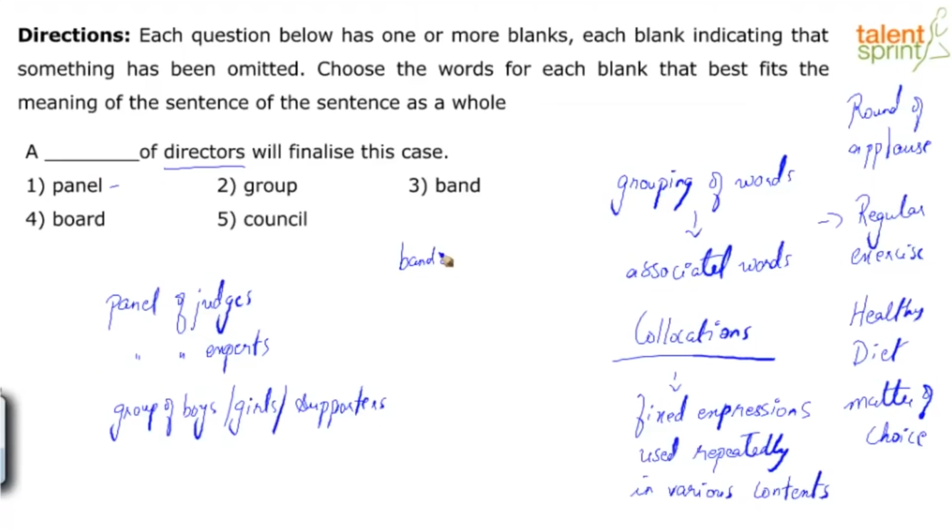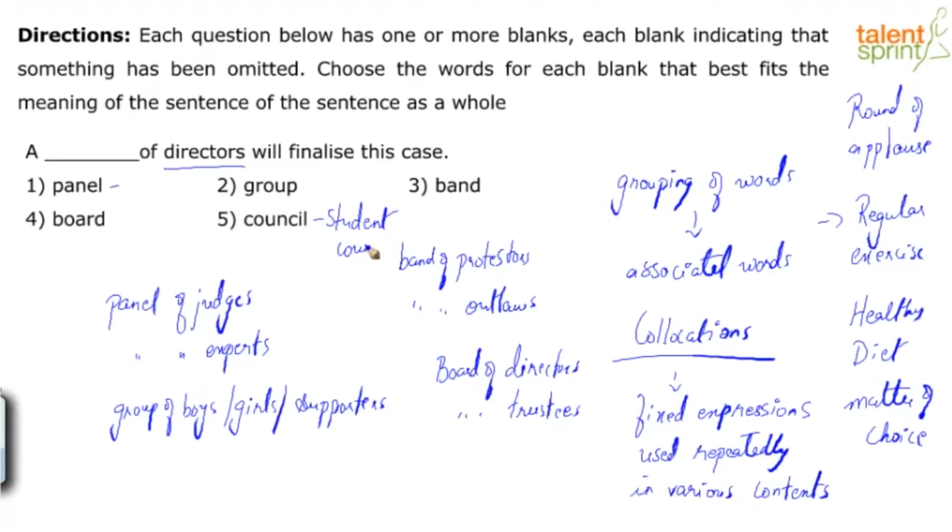Band of protesters, music band, band of outlaws, right? The other word for directors is board of directors. You usually say board of directors or board of trustees, right? This is the usual collocation. Council, student council, right? So we are referring to words that usually go together.